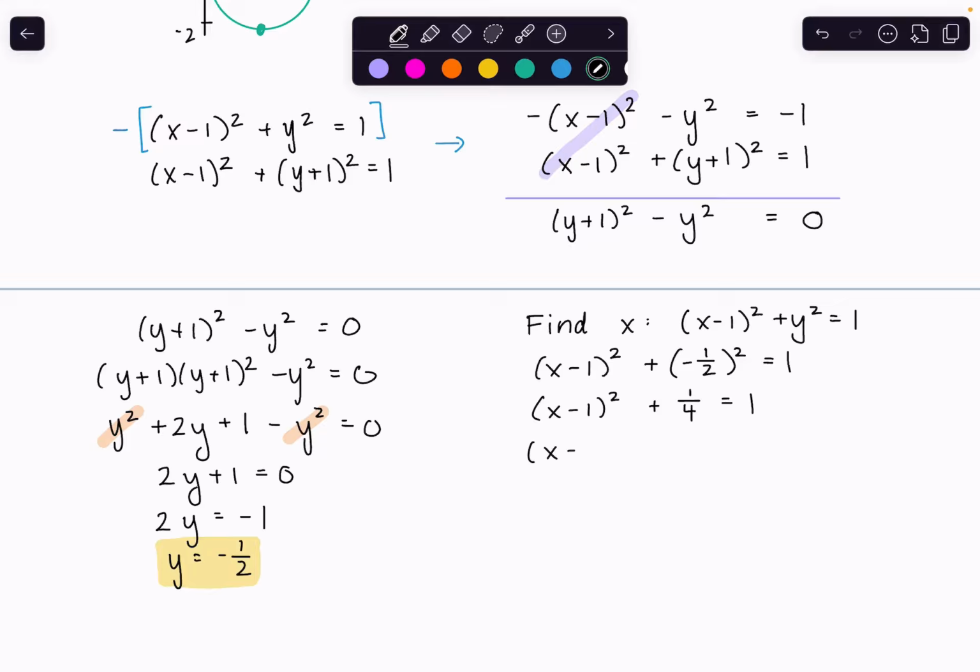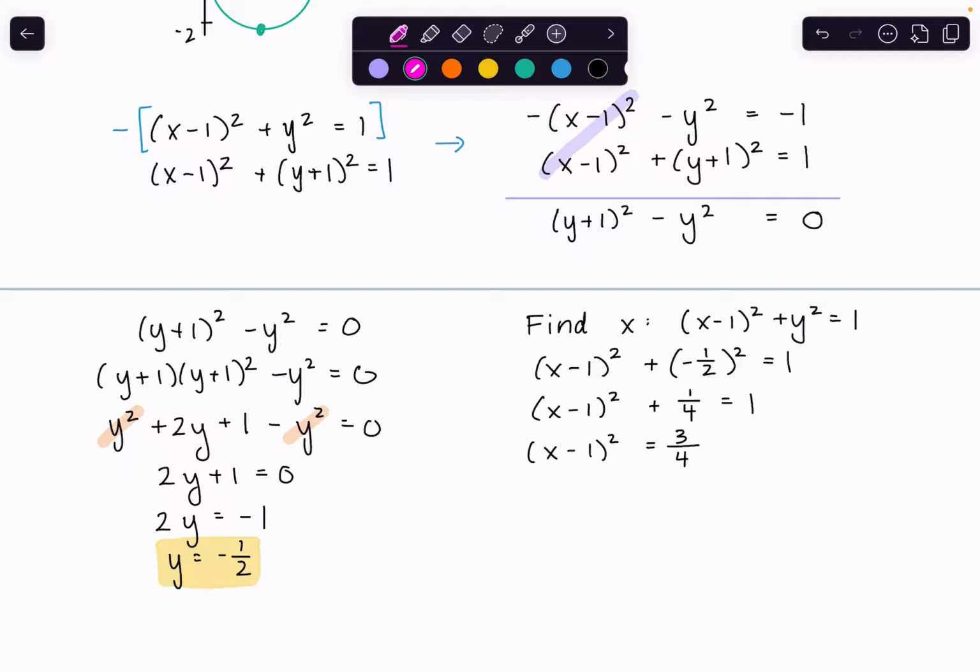And then moving that 1/4 to the other side gives me x minus 1 squared should equal 3/4. If you really felt like it, you could totally distribute this all out and then move everything back over and use the quadratic equation. But this is pretty much set up to be able to take a square root.